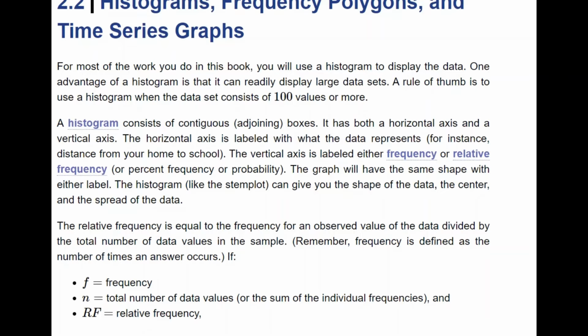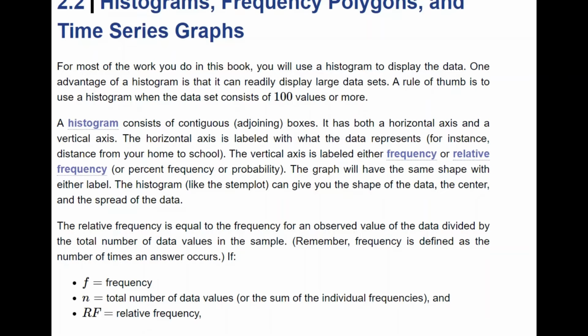Now, there's a difference between a sample and a population. A population is the set of all possible values in a certain data set, while a sample is the set of values that we are considering for our experiment.